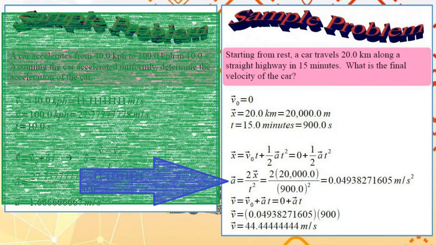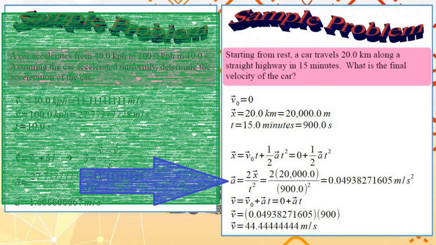Now, the problem is asking for final velocity. What we have calculated is the acceleration. So the solution is not yet done. If we now move on to another equation for uniform acceleration, the equation for final velocity, v is equal to v naught plus a t.